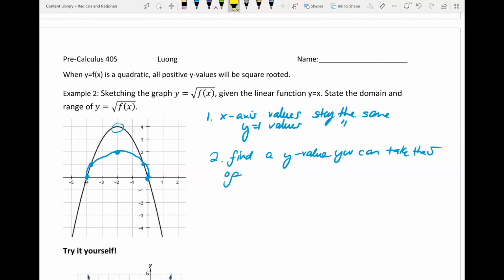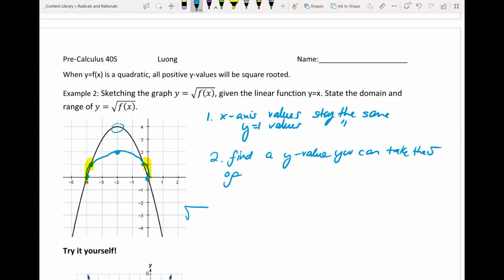Just as a side note, take a look at how I graphed our sides here. You need to be careful on how you do this because they are picky about this on the provincial exam. When you have values in between, in decimals, and you take the square root of it, it actually becomes slightly larger.